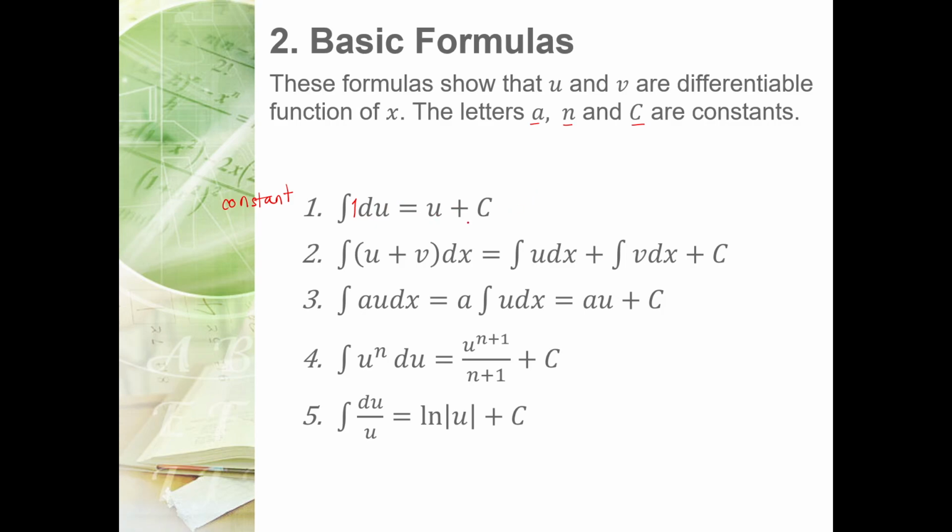If you want to check if it's correct, the derivative of u plus c is equivalent to 1 du, right? Plus 0. Then the final answer is du. So that's basic, right?